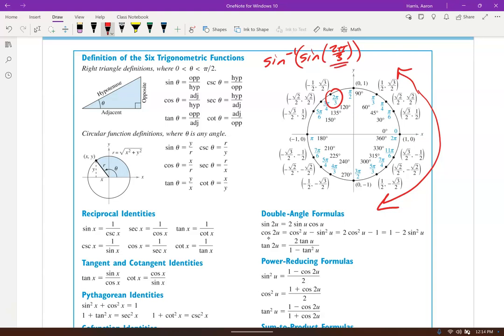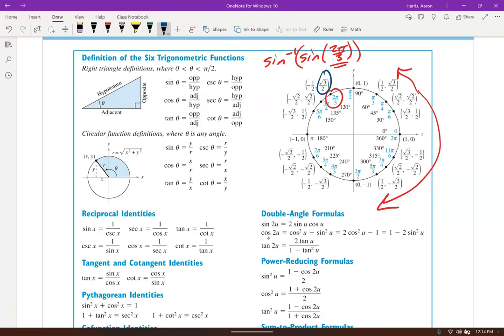And this needed to be between negative pi halves and pi halves. So why does this have a caveat? Well, first of all, there is a sine of 2 pi thirds. Sine of 2 pi thirds does exist. The sine does not have its own restrictions normally. We only restricted it to find an arc sine. So the sine of 2 pi thirds is root 3 over 2.